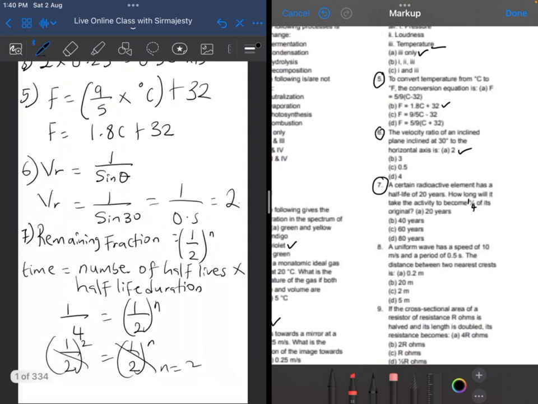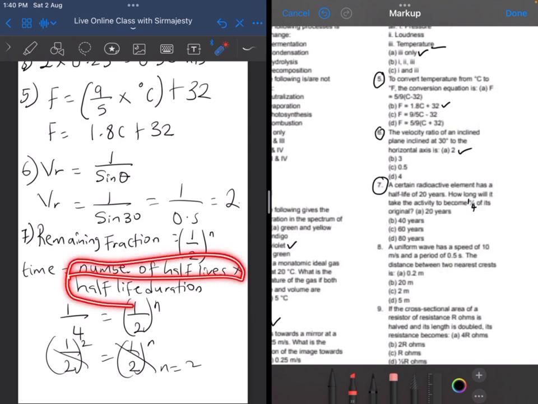So we're solving for time, not the number of half-lives. Then our total time, remember this formula? Time is equal to the number of half-lives times the half-life duration. Remember, our number of half-lives is this n.